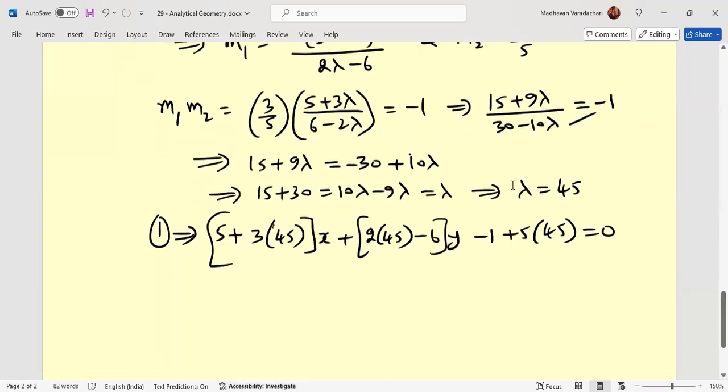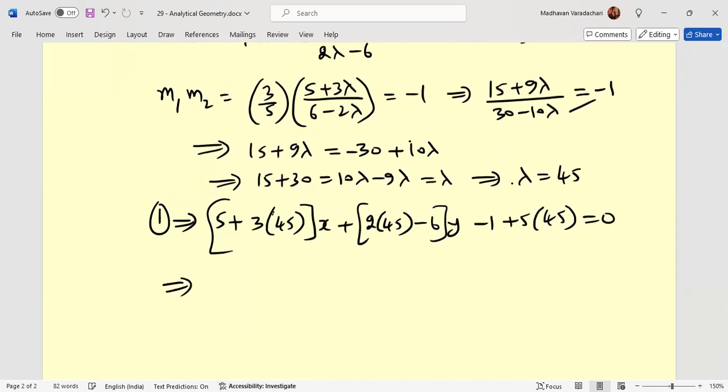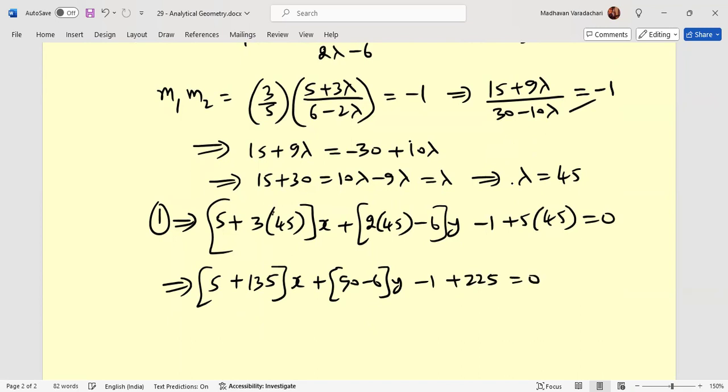So let us simplify this. This means 5 plus 135, that is 140, x plus 90 minus 6, that is 84, times y, minus 1 plus 225, that is 224, equal to 0.